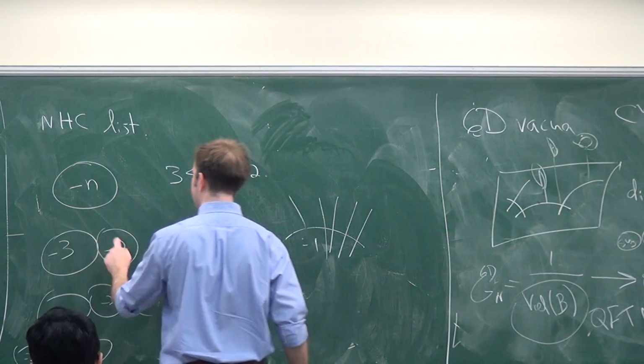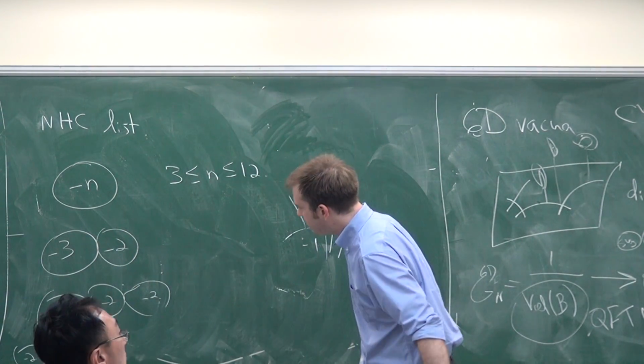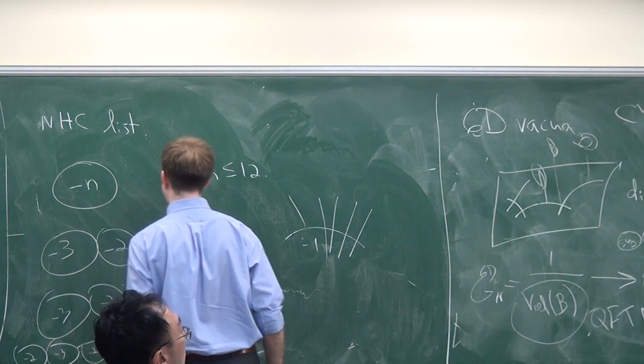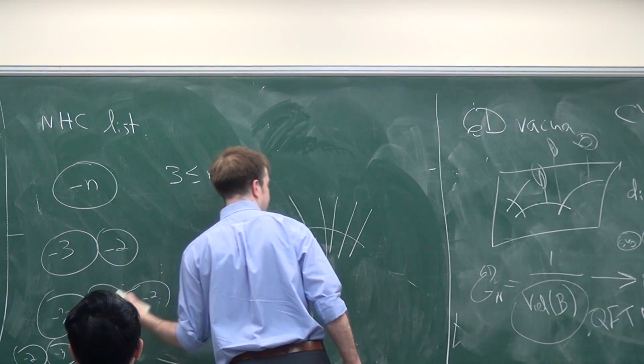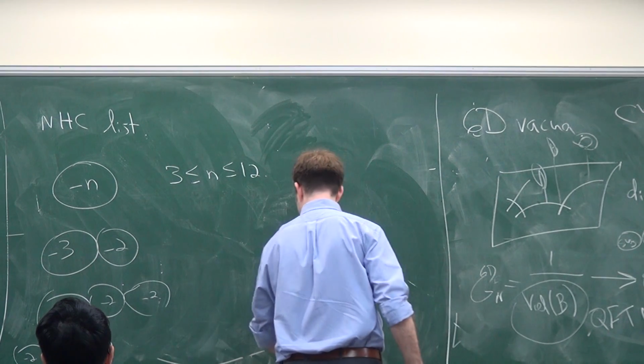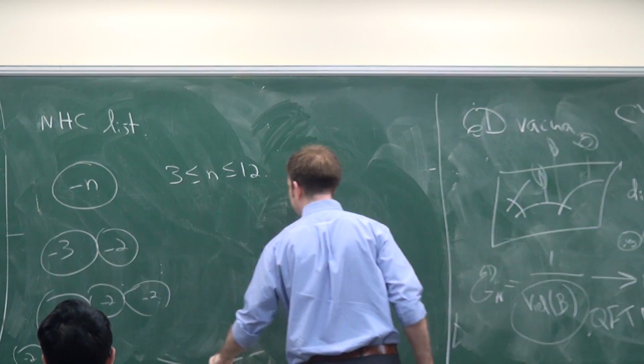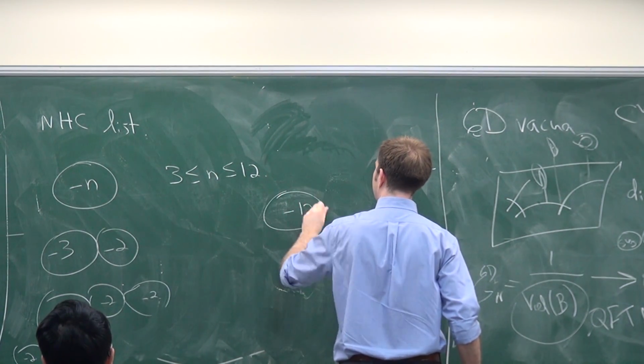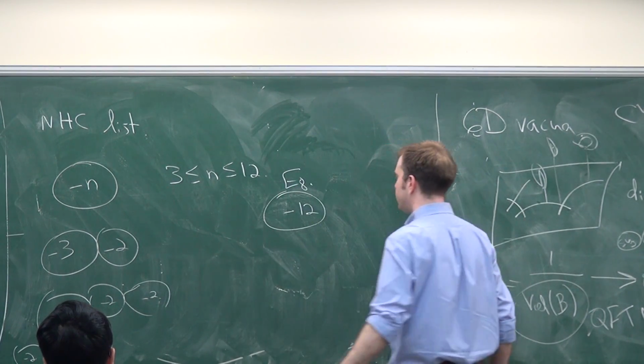And over each of these things, there's a prescribed gauge symmetry. So for example, the maximal one, the one we met over there, would plug in n equals 12. It's associated with an E8 gauge symmetry over this.